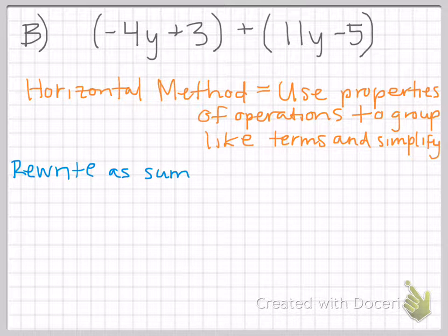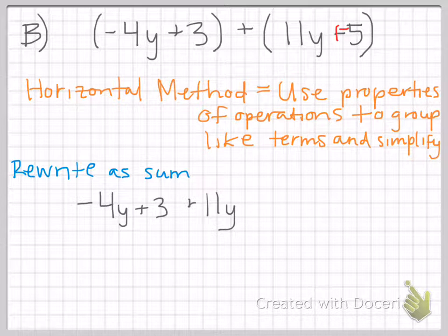Negative 4, we're looking back at the top, looking at the expression. Negative 4 plus 3, no subtraction, plus 11 minus 5, popcorn. Okay, let me rewrite that. Please do the same. Negative 4y plus 3 plus 11y plus negative 5.